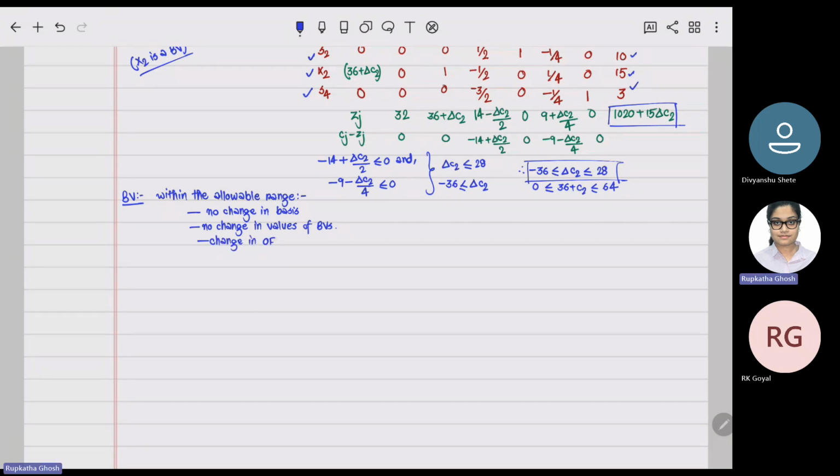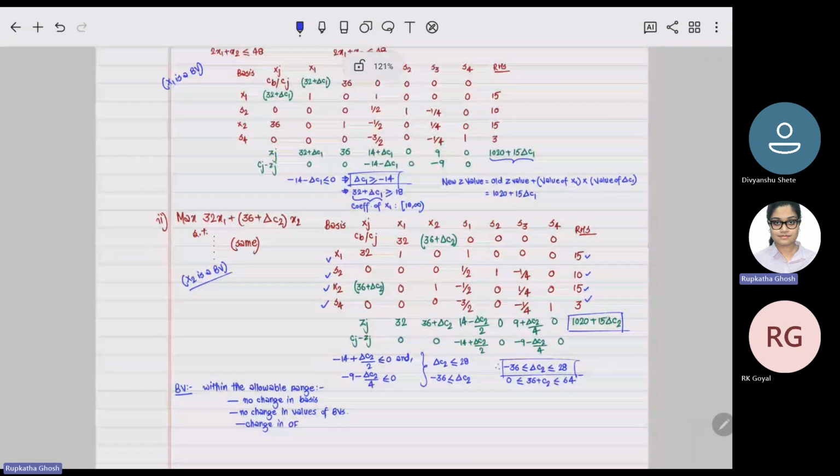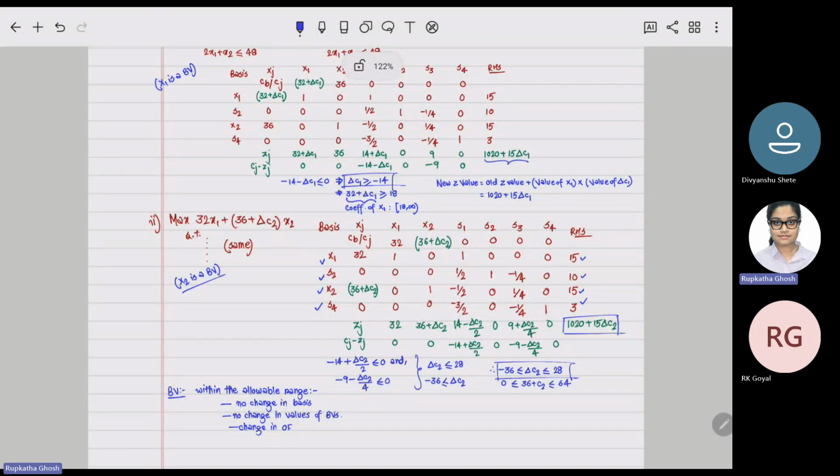Which is nothing but what I already mentioned here: new z value is old z value plus the value of the basic variable into the value of that permissible range. In the case of a non-basic variable in the objective function, basis will remain the same.